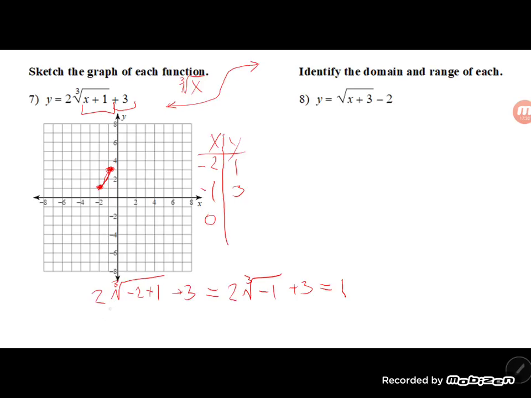Then we will also do the 0, so 2 cube root of 0 plus 1, plus 3. This is going to be similar. It's 2 cube root of 1 plus 3, which is equal to 5. So when we plug in 0, we go up 5, and that point will be right there.